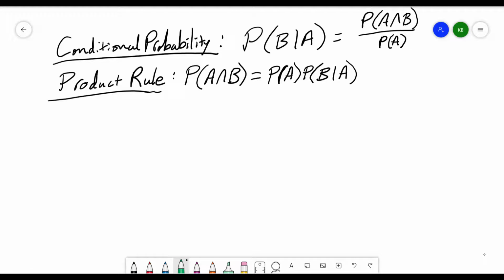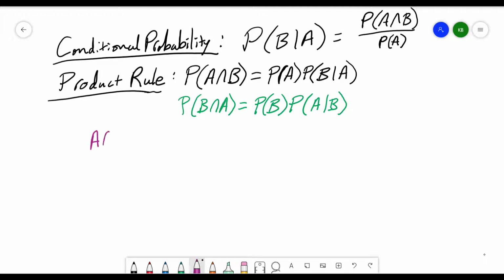So if the probability of A intersect B equals the probability of A times the probability of B given A, then the probability of B intersect A should be the probability of B times the probability of A given B. Just pattern matching, so the first thing in the intersection is the thing that's standing on its own, and the conditional probability included is flipped.